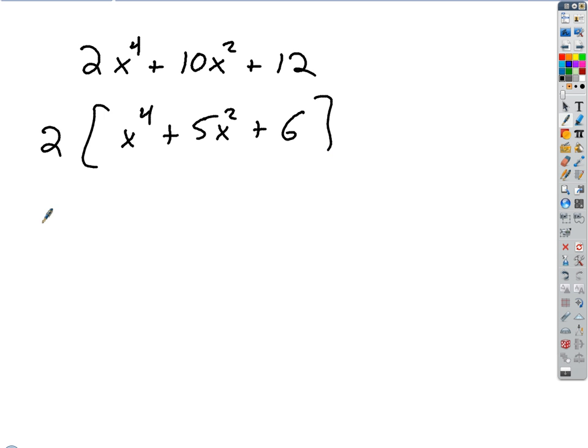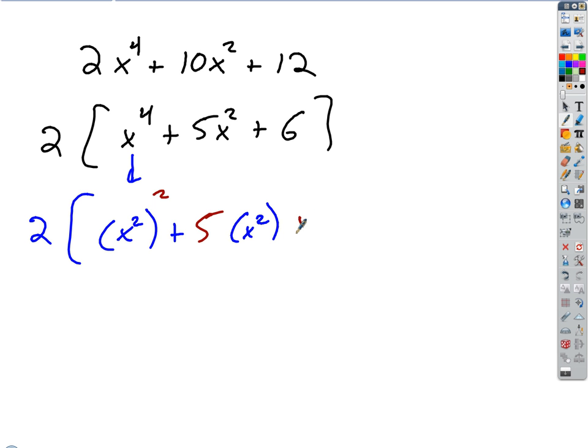So we break this up into 2 times x squared squared plus 5 x squared plus 6, right? So yeah, it's in pieces of x squared, but that just looks quadratic, right? I've got something squared plus 5 something plus 6.